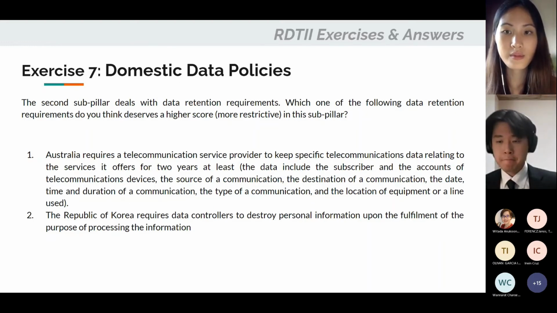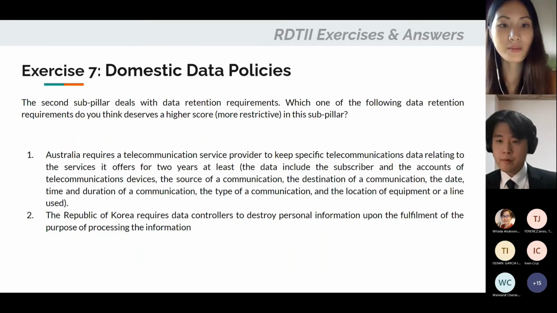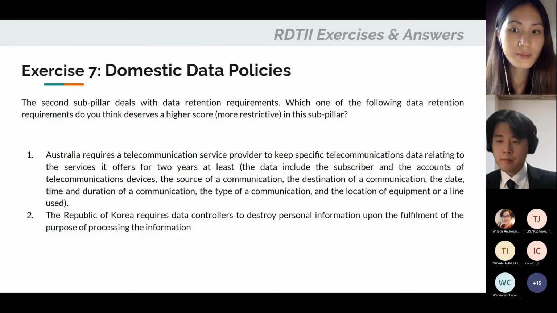But I would like to also bring attention to an additional perspective, which is after we calculate all these measurements, right? One more step we should be doing is comparing how large is the distance between the regulations among members in the groups. Yesterday, OECD used the term regulatory distance. In RDTII, we would have the indicators of regulatory similarity.